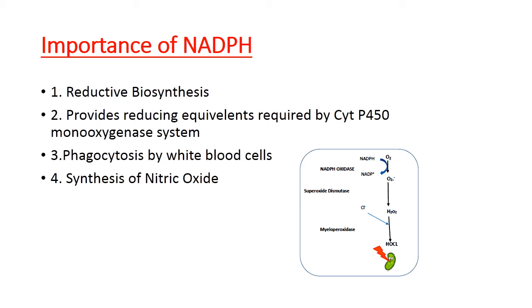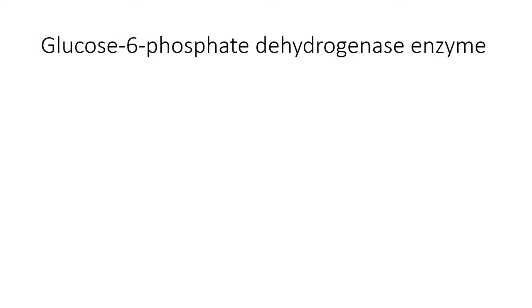Moreover, NADPH is also essential for maintaining the glucose 6-phosphate dehydrogenase enzyme. This enzyme is the key regulatory enzyme of the pentose phosphate pathway. Moreover, this enzyme is the most common enzyme deficiency associated with hemolytic anemia.